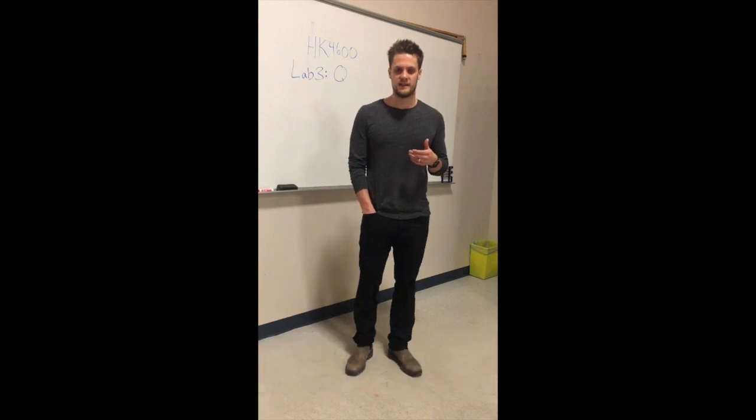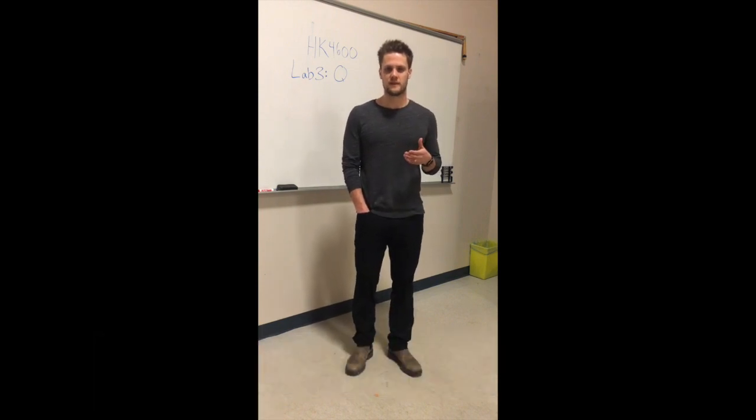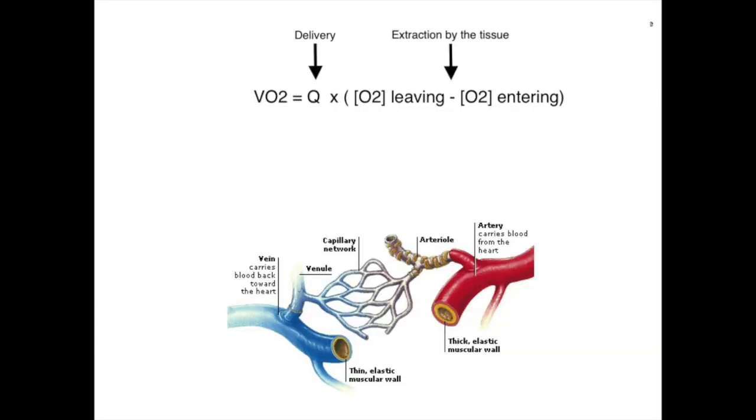But before we get into any specifics, let's first start with the Fick principle. The Fick principle states that the uptake of oxygen by a tissue is the product of blood flow to that tissue and the difference in oxygen between the arterial side and the venous side of that tissue. So in other words, VO2 is equal to how much oxygen the tissue takes up multiplied by the blood flow to that tissue.